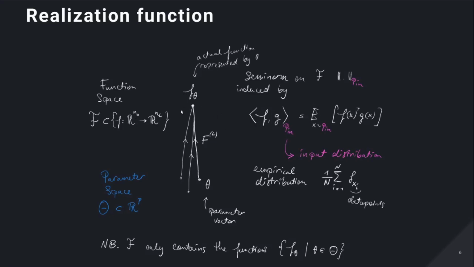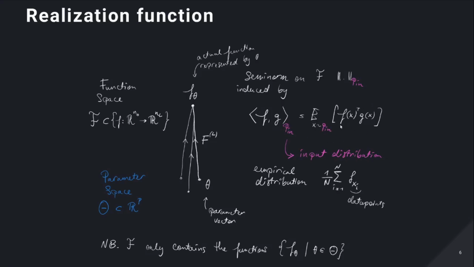And the actual paper is a bit dodgy on this point. I'm a bit suspicious of this part, but we can define a semi-norm on our function space here, assuming we have some input data distribution, which may be some distribution, but usually it will be basically an empirical distribution from some data set, and it defines some inner product, f, g with index p_in, which is simply defined as the expectation.